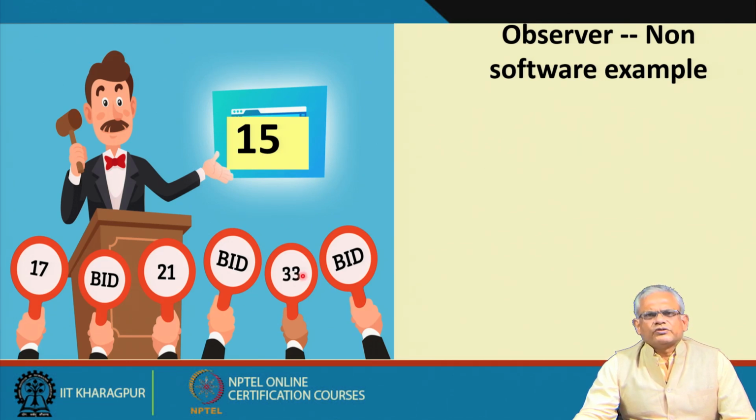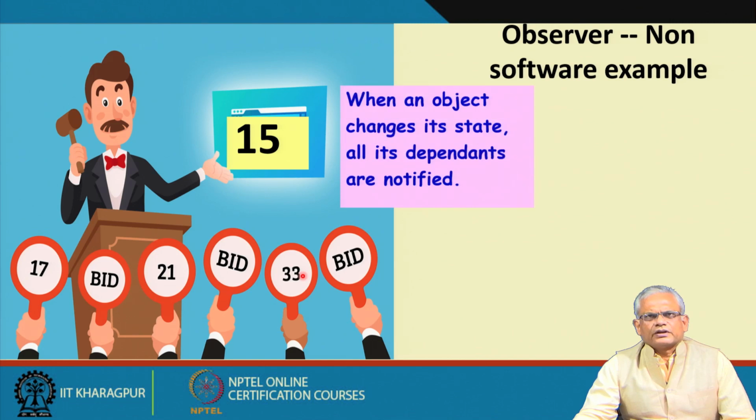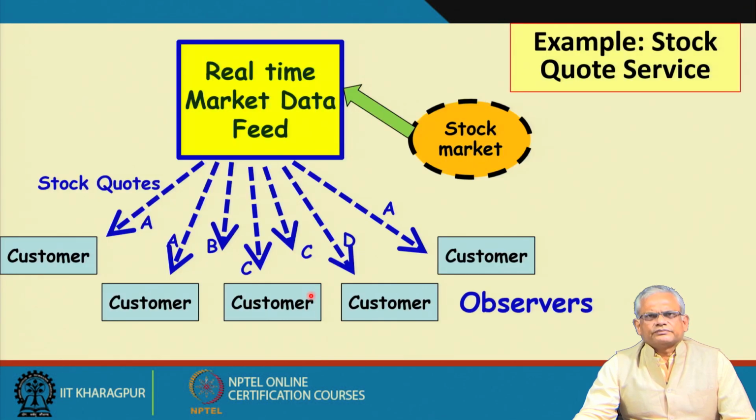So, this is somewhat like the observer pattern that we are going to discuss. The accepted price can change any time, and whenever it changes, then the persons who are bidding are notified of the change of the price.